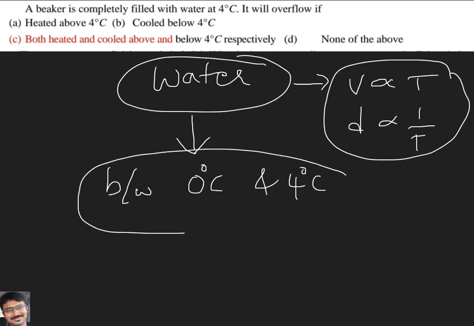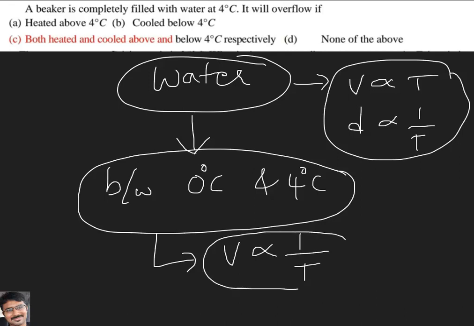Only water, between 0 and 4 degrees centigrade, does not obey this. Now it is reversed: volume is inversely proportional to temperature and density is directly proportional to temperature.